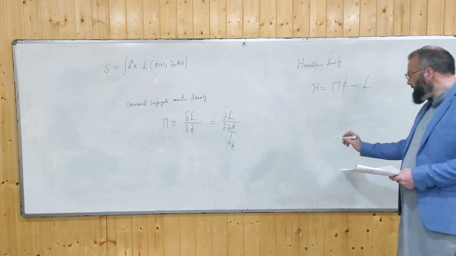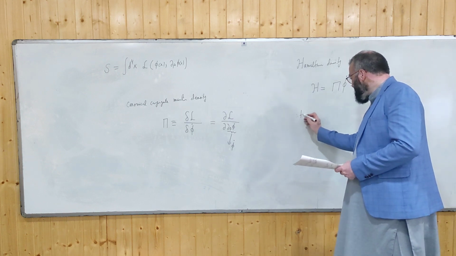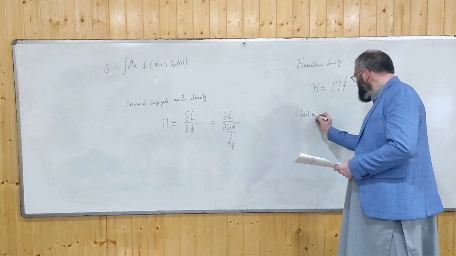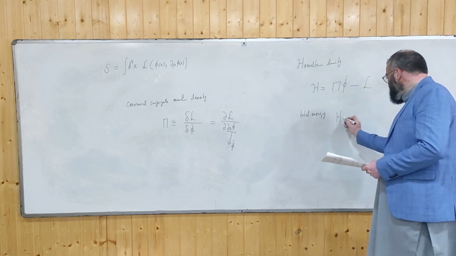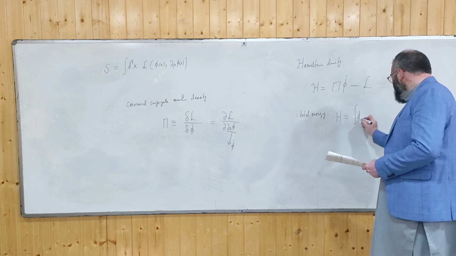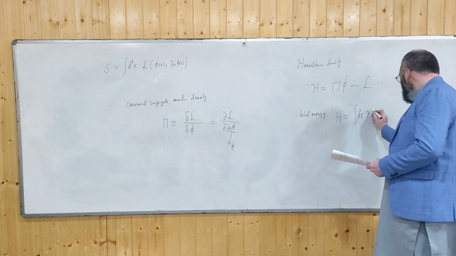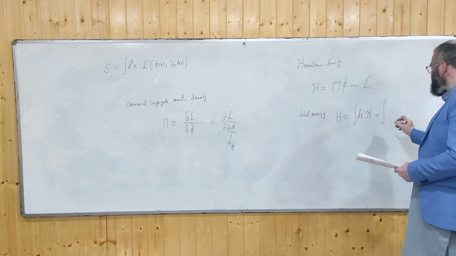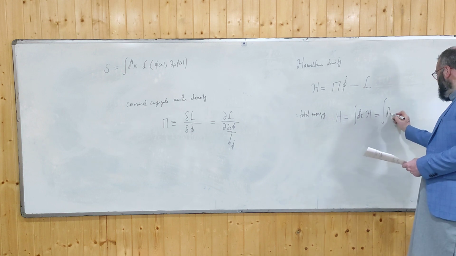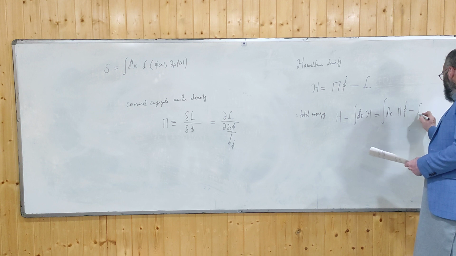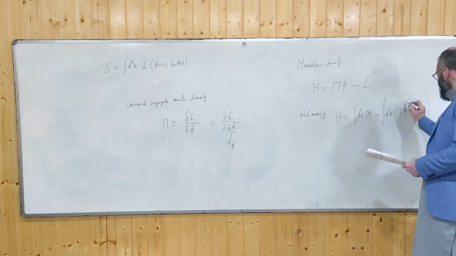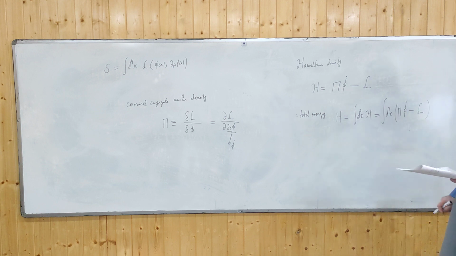And we calculate therefore the total energy, which is simply equal to the integration of H over the volume, d3x. So we will take the examples first and then we'll proceed. This is how we define it.